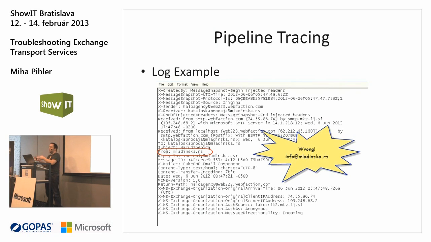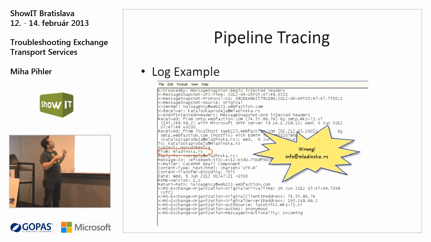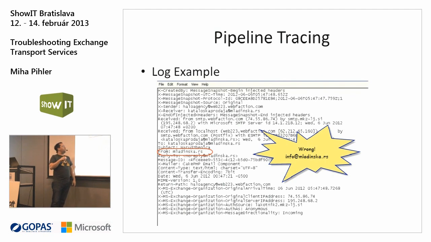It was rejected, and we couldn't figure out why. So we enabled pipeline tracing, and somewhere should be the P1 header, but the problem is actually with this From sender. It is here. This is the email address that we set the filter to. We were able to see this in the agent log file that I showed first. But the problem was with the From address.